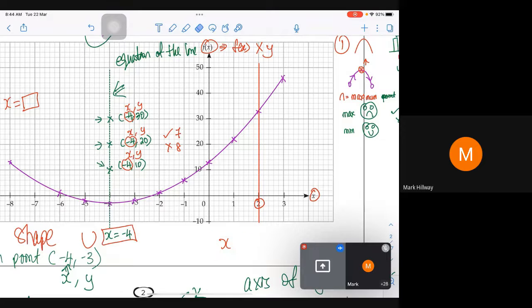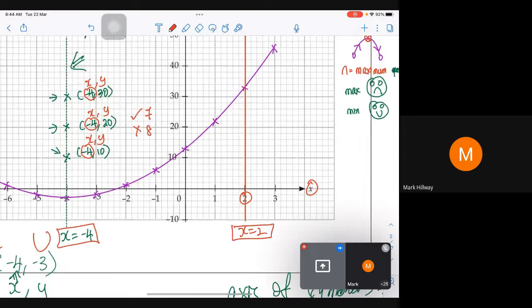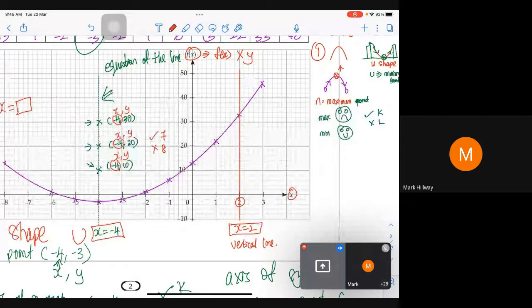So this line will be x equal to 2, and this is a vertical line. Okay, vertical line. So you just remember the straight line. This is a linear equation. x equal to 2, the straight line is a vertical line.